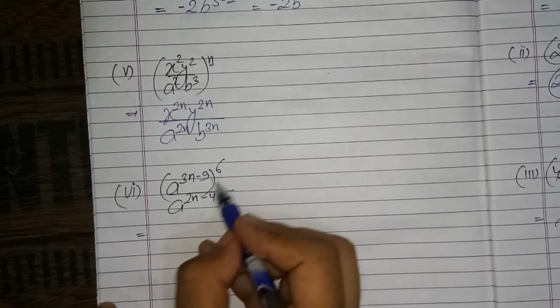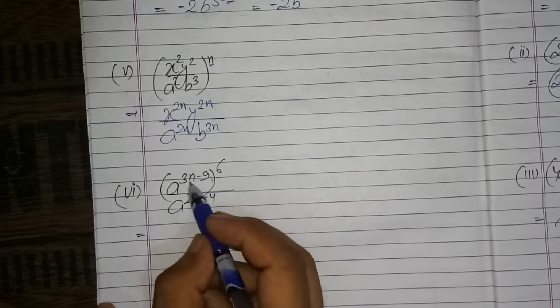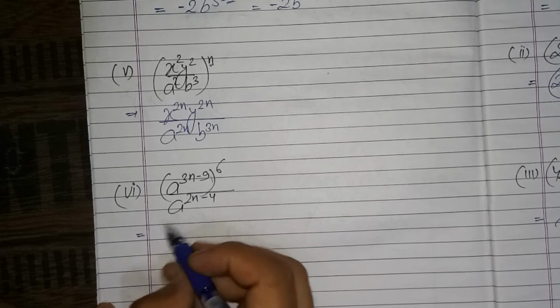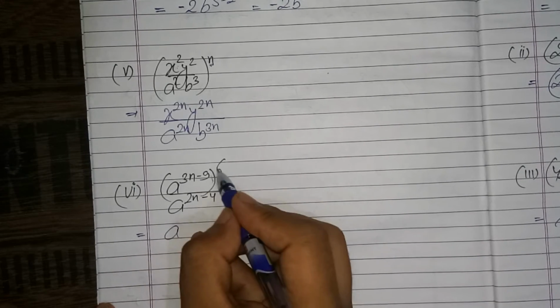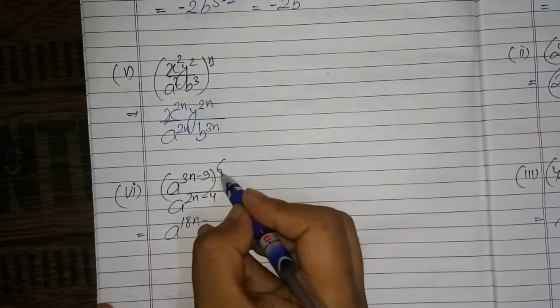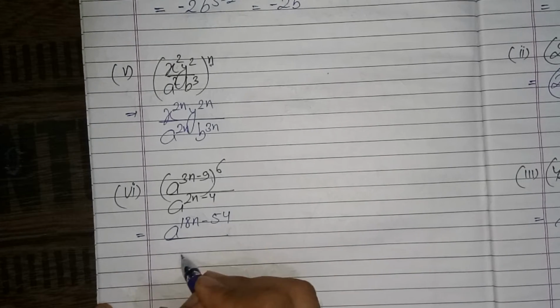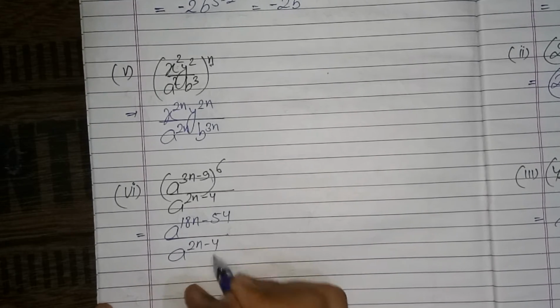So let's do it. If I multiply the power inside, what I get is a power 6 multiplied by 3n is 18n, and minus 6 multiplied by 9 is 54, divided by a power 2n minus 4.